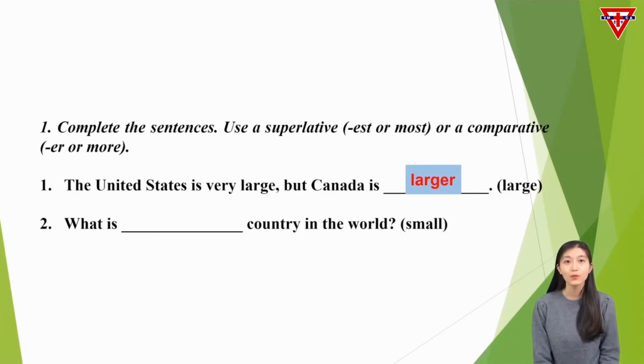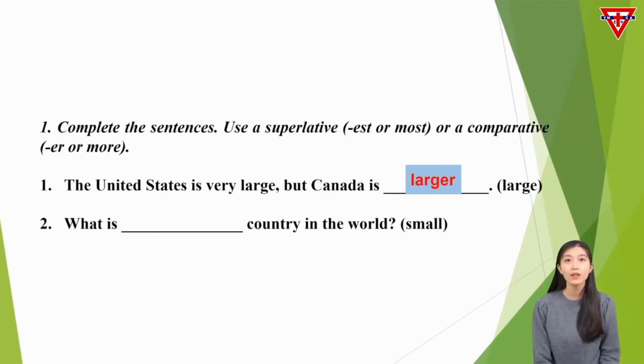Number 2. What is the blank country in the world? You should fill in the blank with the adjective small. In this case, the country is actually being compared with all of the other countries in the world. It is comparing one thing to all the others in the same group. That is why we should use the superlative form of small.